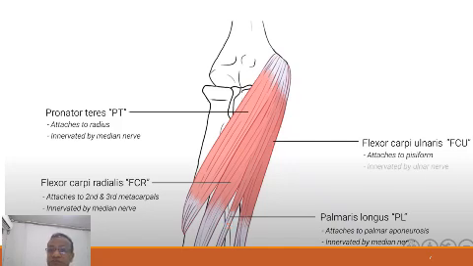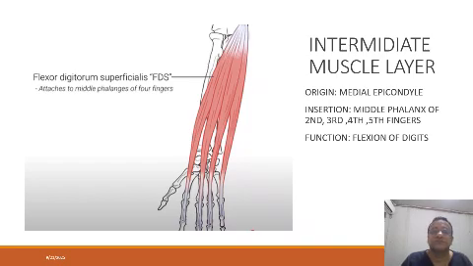So now we have dealt with the superficial layer. Next is the intermediate layer. In this group we have only one muscle, that is called flexor digitorum superficialis muscle.